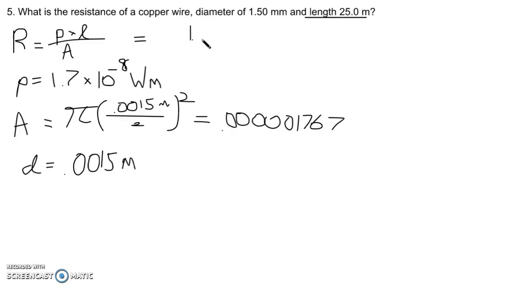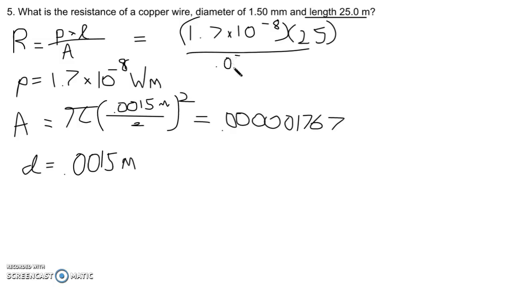So we essentially do 1.7 times 10 to the negative 8th times 25 all over 0.000001767. And for your answer, you get 0.24 ohms.